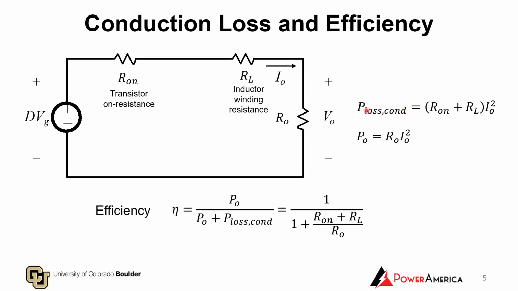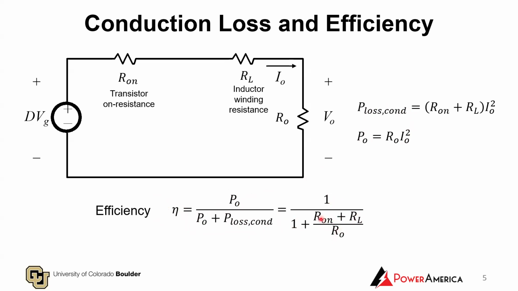Now, these two expressions here can be used to compute the efficiency of the converter as the ratio of the output power over the input power, the input power being the sum of the output power and the loss. And simple algebra results in an efficiency expression that's 1 over 1 plus (R-on plus RL) over R0.